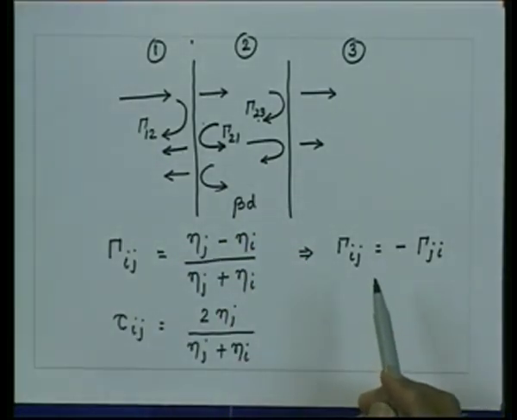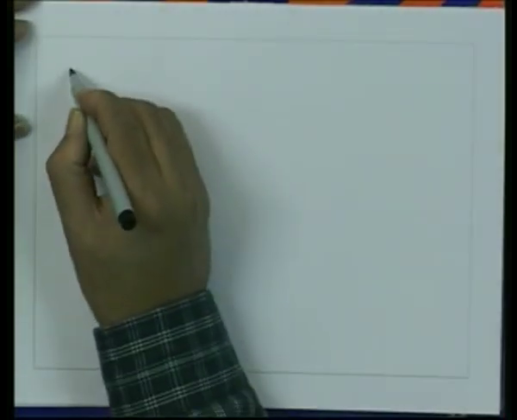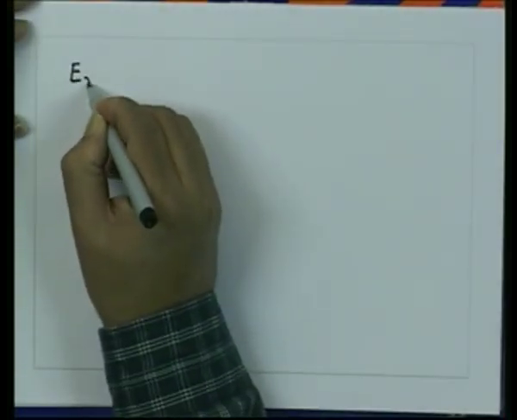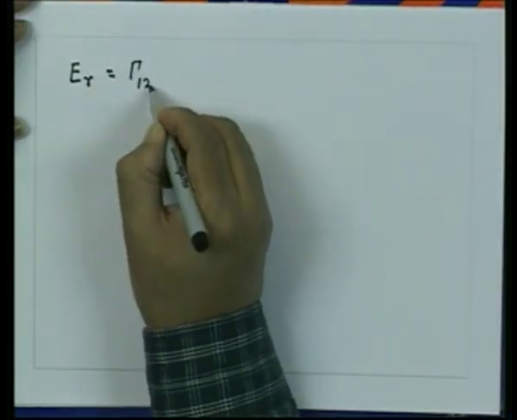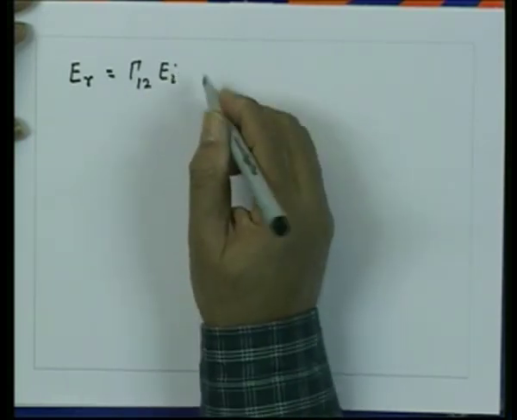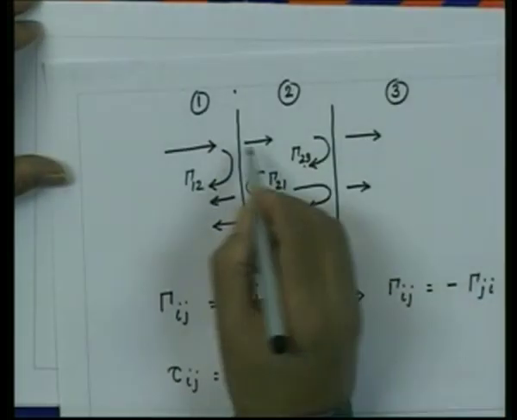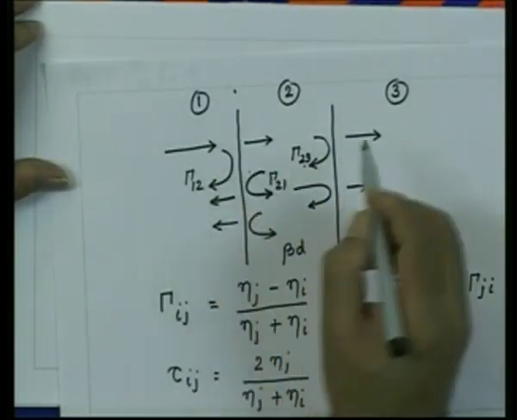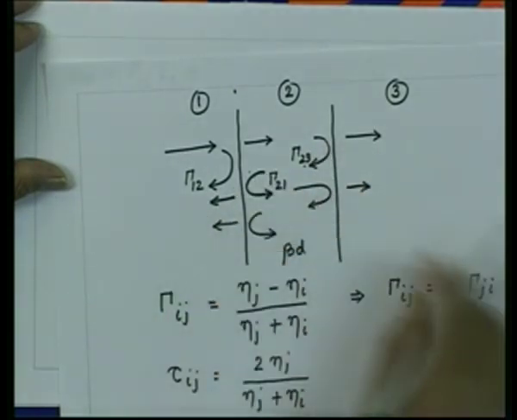So, if I write down now the total reflected field which is going to come from here, that would correspond to E reflected, that is equal to gamma 1 2 E incident plus tau 1 2, then gamma 2 3 and tau 2 1.